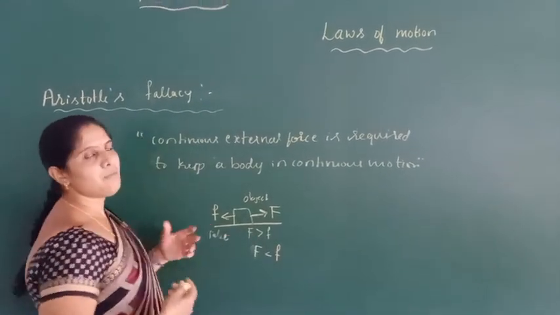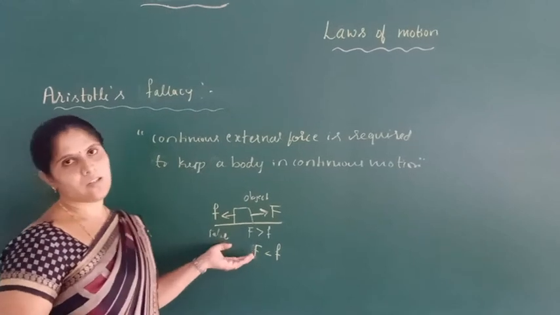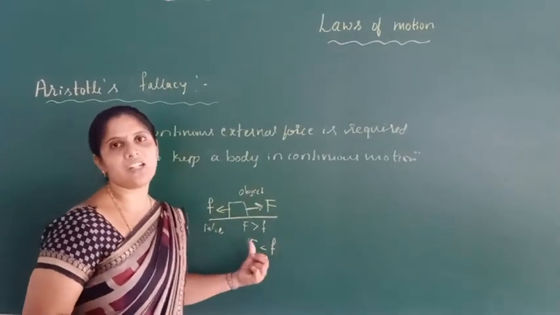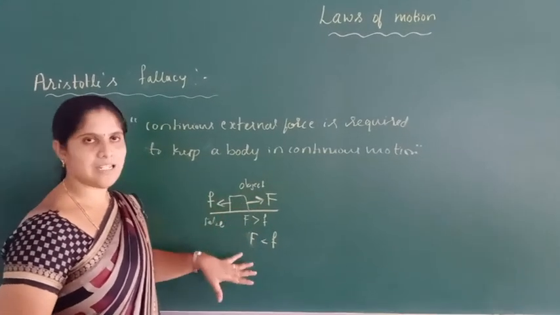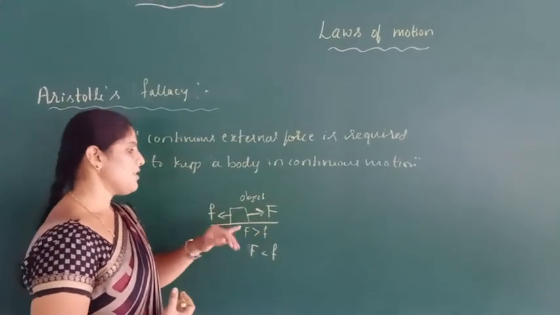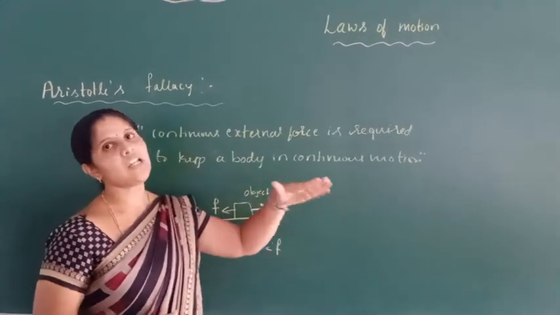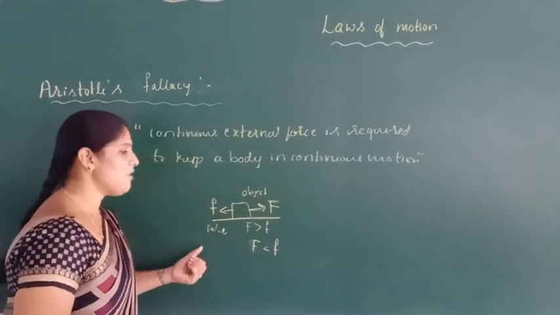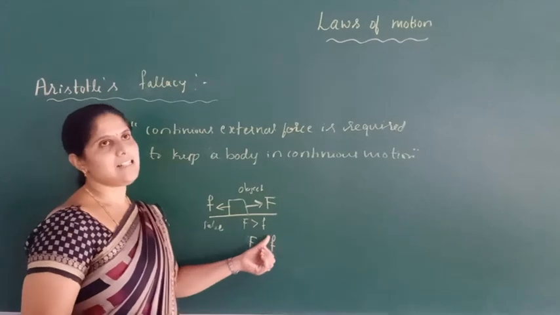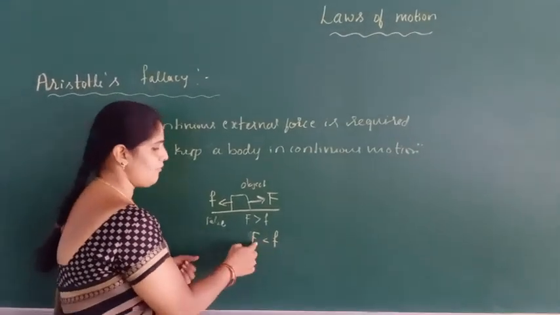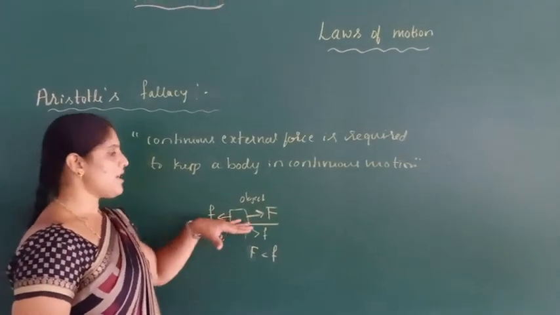That means removing the external force makes the external force equal to 0, so frictional force is greater than the external force. Then the body is at rest. If the applied force is greater than the frictional force, the body starts moving. If I remove the external force, the applied force is less than the frictional force, and the body stops.